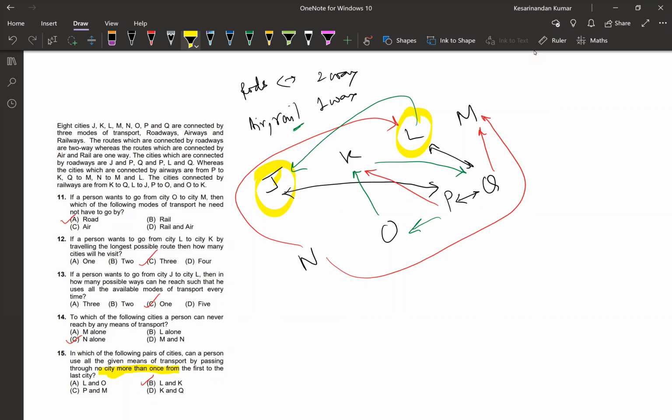So it is not evident. L and O, yes, a person. Understood, truly. But what if I try to connect both the cities? Won't it use all the types of transport that are available to them?